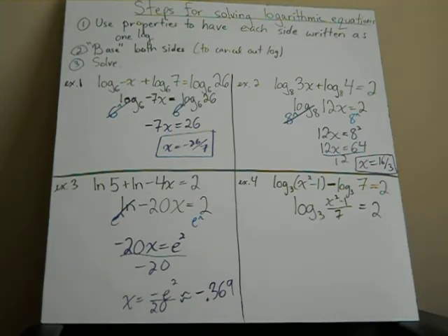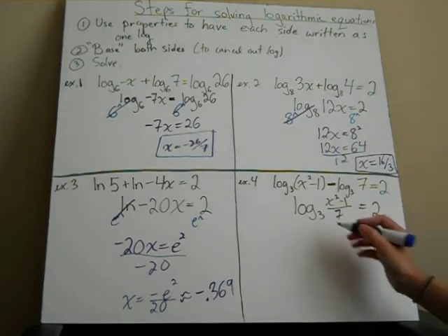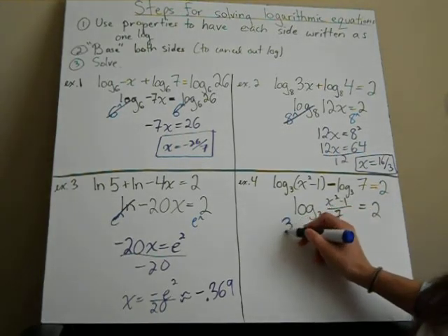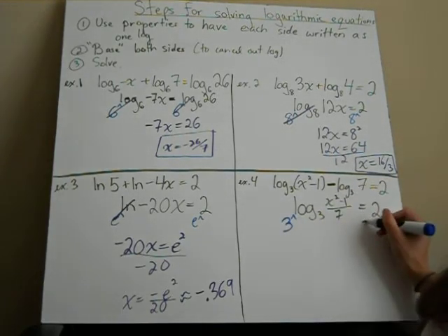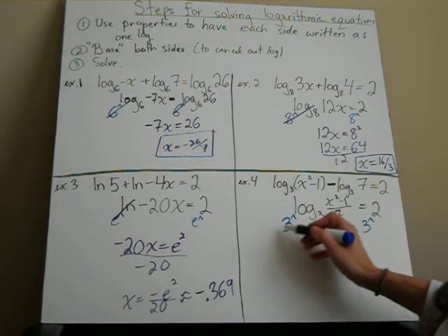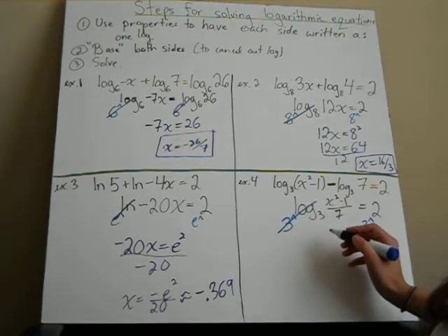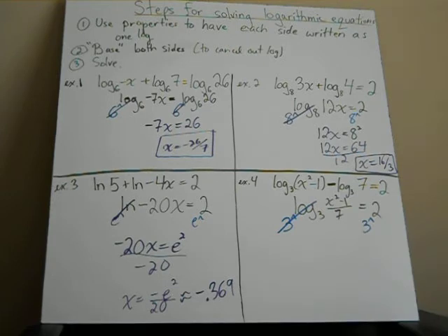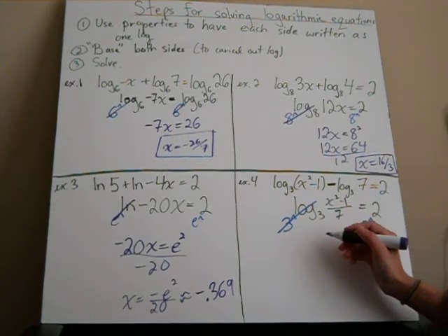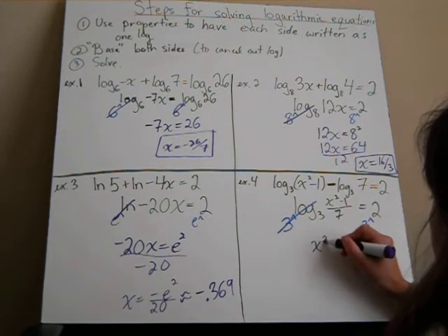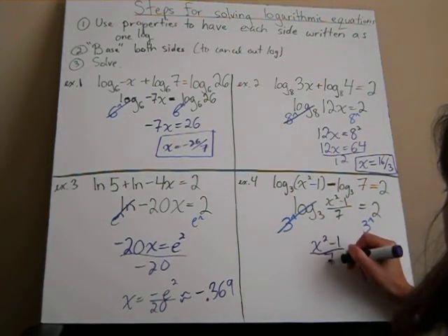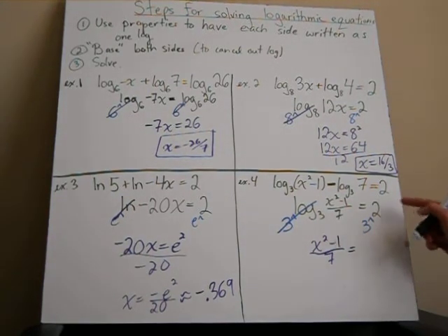Okay, next we're going to base both sides 3, because our base is 3. So I'm going to base it 3. Those two are going to cancel, and I'm going to bring down (x squared minus 1) over 7 is equal to 3 squared. 3 squared is 9.